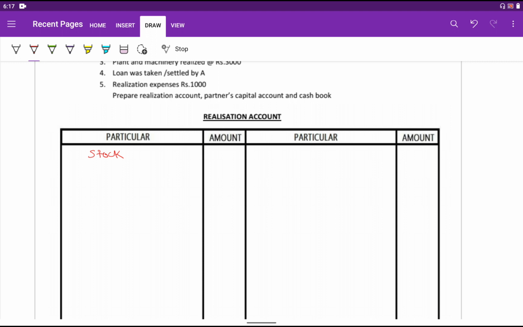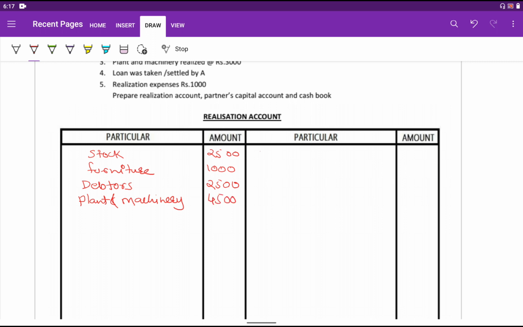Stock is 2500. Furniture, all this we are taking from the balance sheet, furniture is 1000. Debtors are 2500. Plant and machinery is 4500.